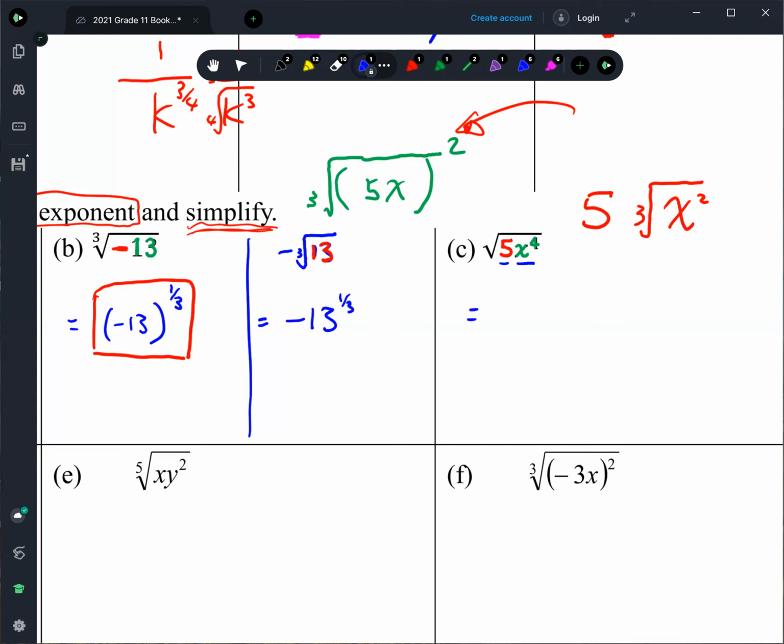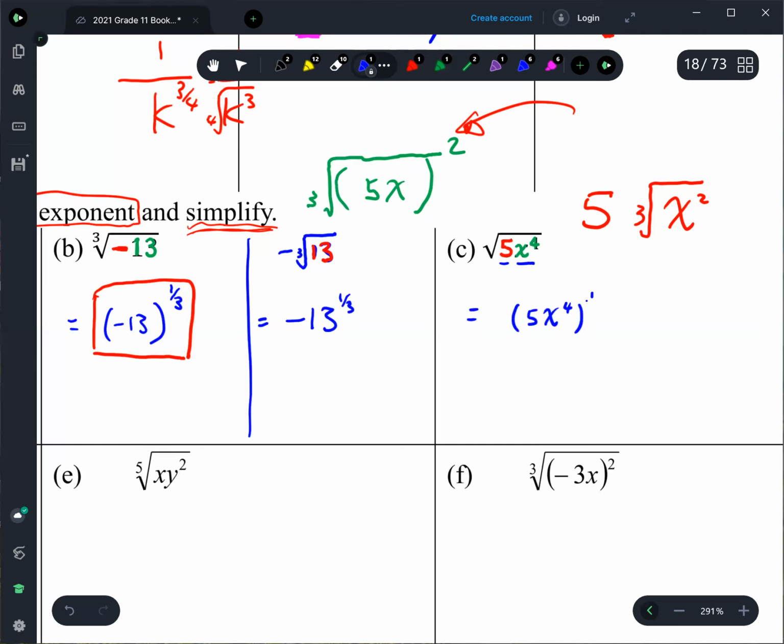Okay, so Enya, what do you have for C? I have bracket 5x to the power of 4, bracket 1/2. Okay. How many of you got the same thing? Can you raise your hand?